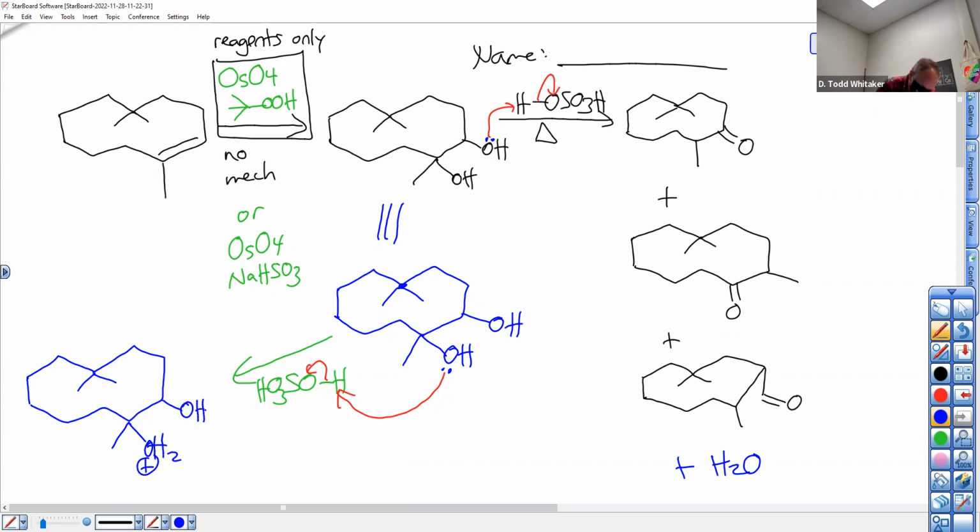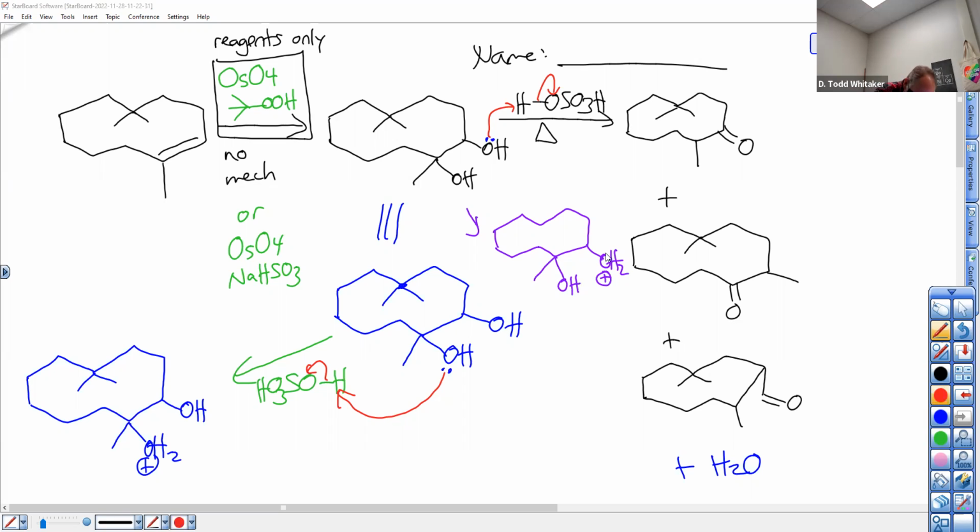And it's going to leave. This one will go to this oxonium. And top. I'm not liking this top one as much. I hope you are similarly disposed with your opinion, because that's a secondary cation.